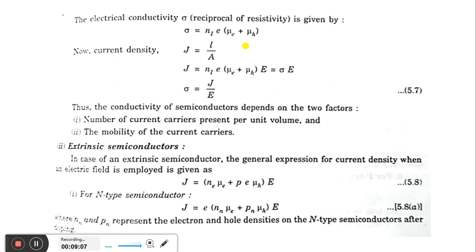Now let us talk about extrinsic semiconductors.